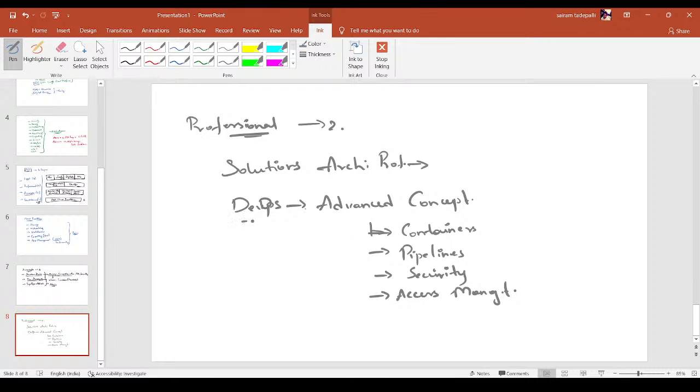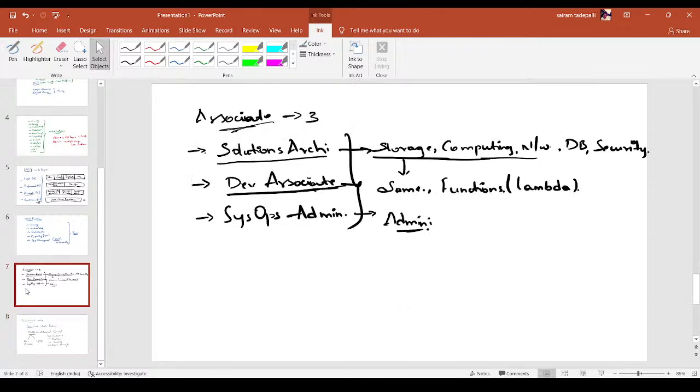So if you want to become a DevOps engineer, in associate level you need to complete developer associate and sysops admin. If you want to become a solutions architect professional, you just need to complete this associate level one.